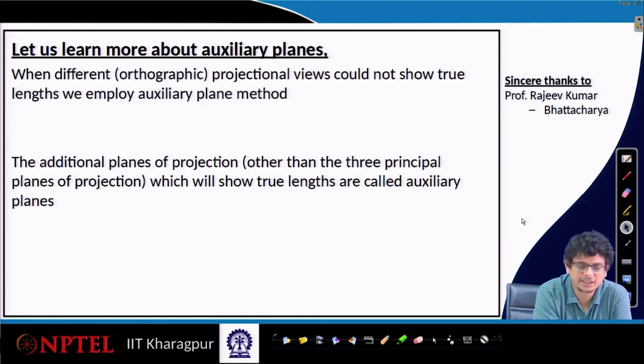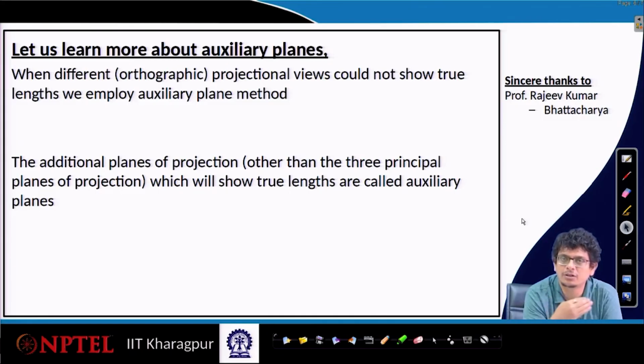The additional planes of projection other than the three principal planes of projection, that is our front view, top view and right side or left side views, which will show true lengths, are called auxiliary planes. So, when we pick a plane that is not our vertical plane, horizontal plane or profile plane, but a plane which is inclined to the horizontal plane or vertical plane or both, when we project the object onto that plane, we may get the true shape.